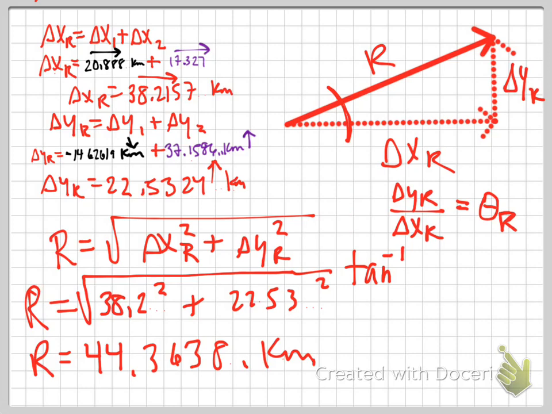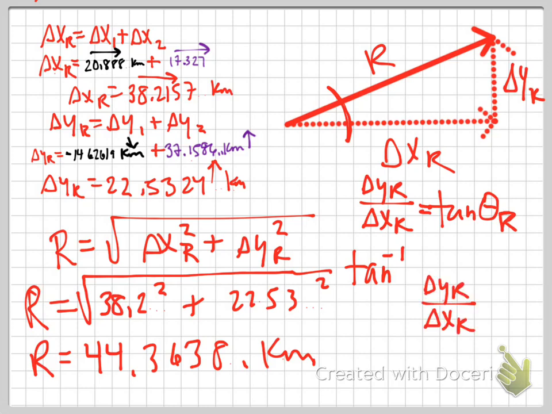Yes, I did. Get your math function straight, Moser. There. Delta y resultant over delta x resultant equals the tangent of theta. So the inverse tangent of that is going to give us our resultant theta.